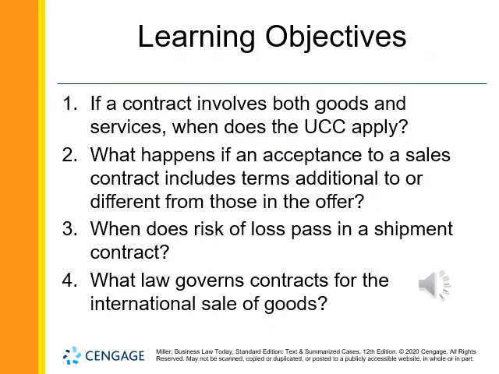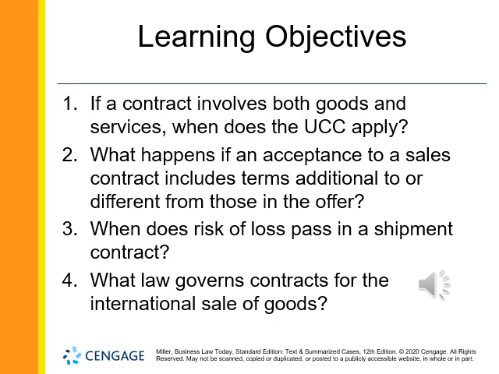By the end of this chapter, you should be able to answer each one of the following 4 questions without either consulting any notes or going back through the materials. First question. If a contract involves both goods and services, when does the UCC apply?